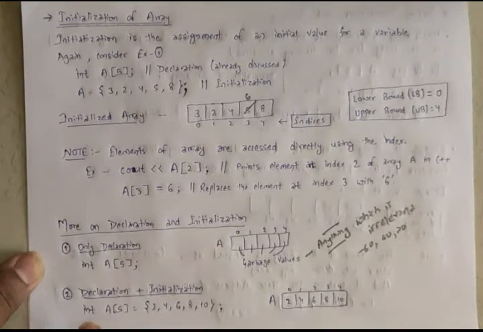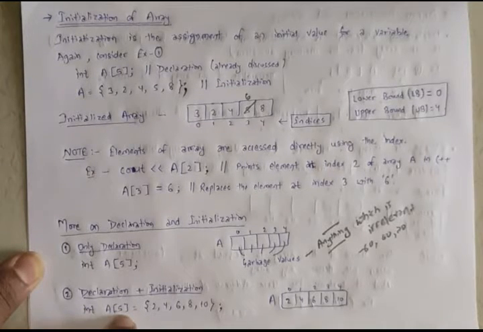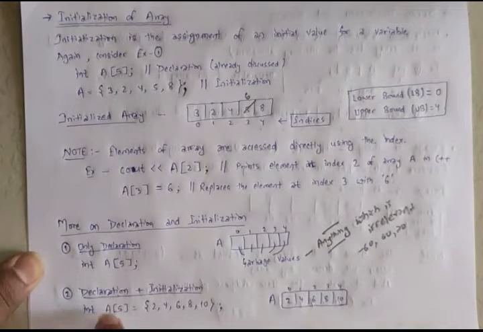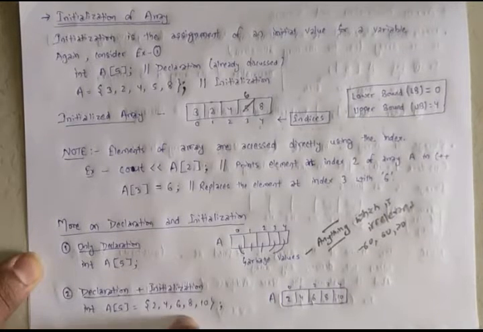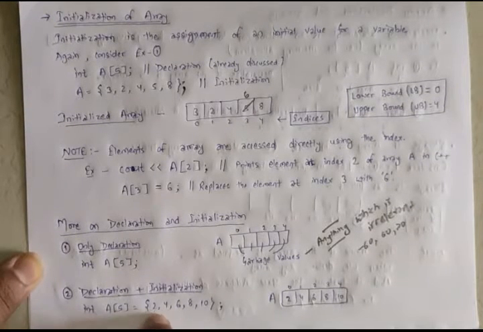The next point is that we can also declare and initialize at the same time. Consider this case in which we have declared int a[5]. We have told the compiler to create one array of size 5 integers, and in the same statement to initialize the values with 2, 4, 6, 8 and 10.